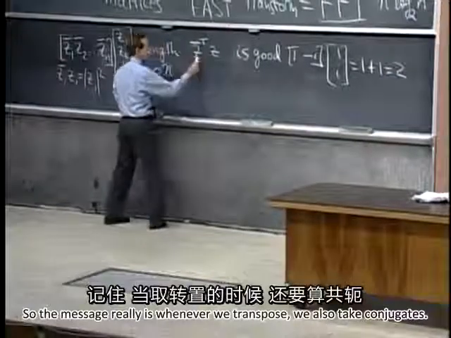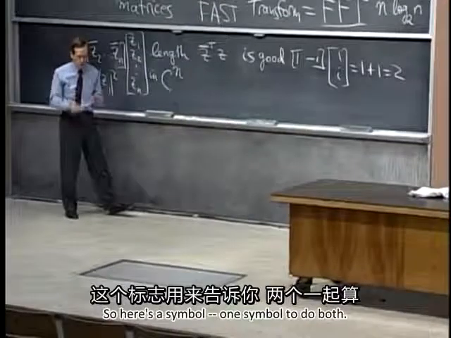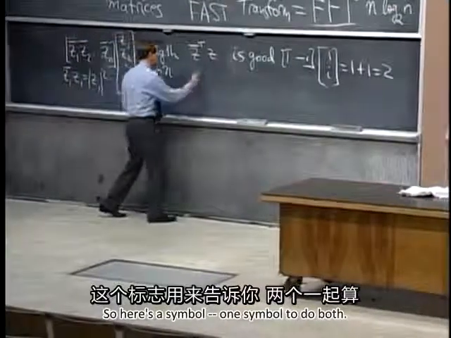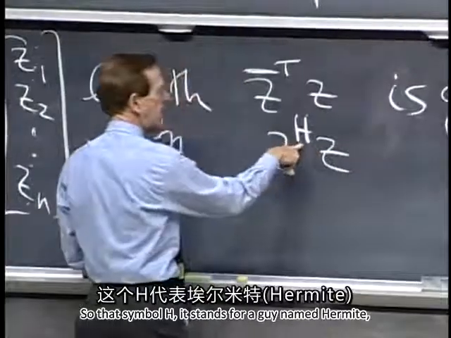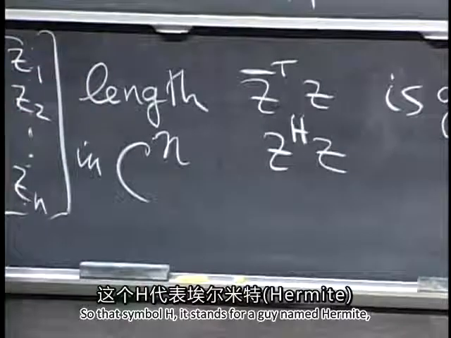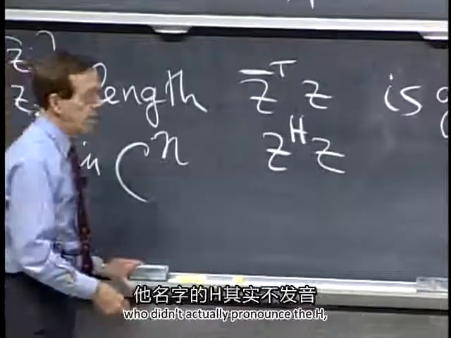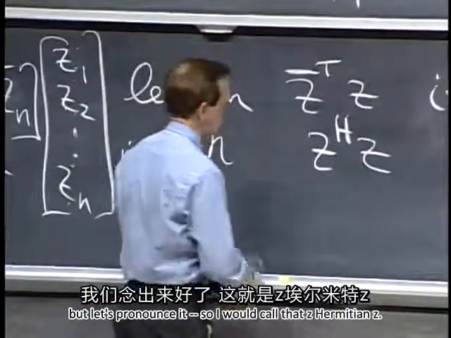So the message really is whenever we transpose, we also take conjugates. So here's one symbol to do both. That symbol H stands for a guy named Hermite, who didn't actually pronounce the H, but let's pronounce it.